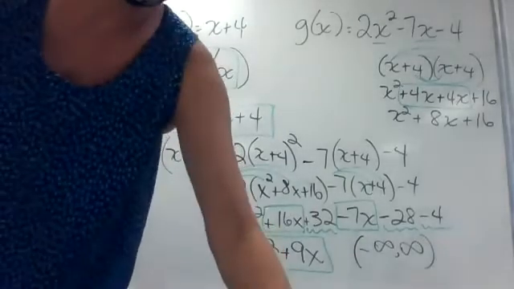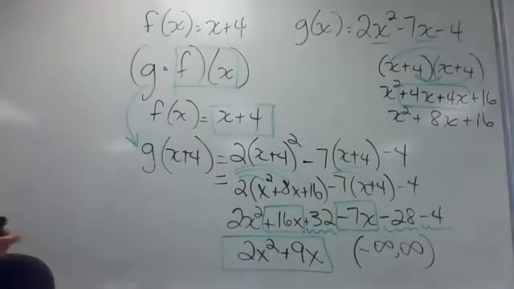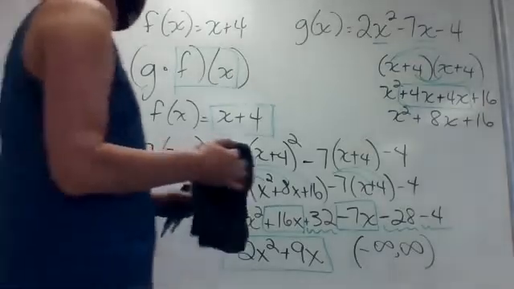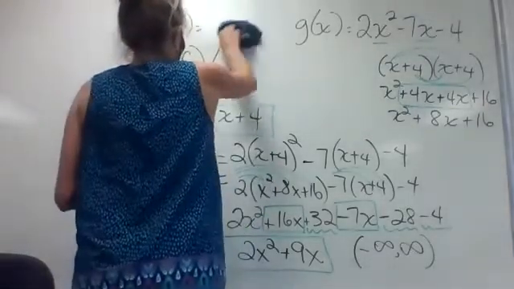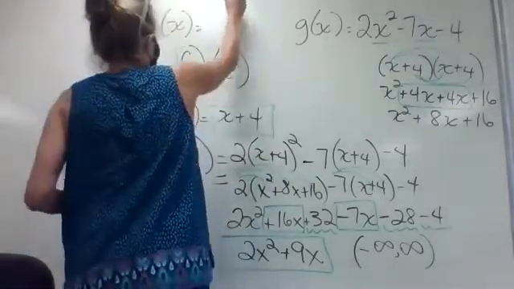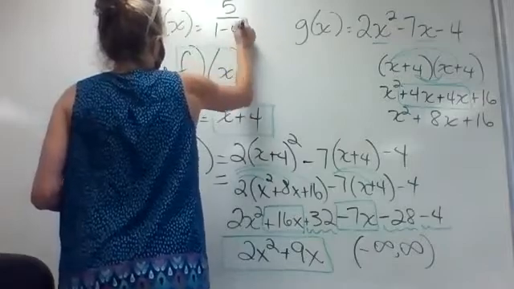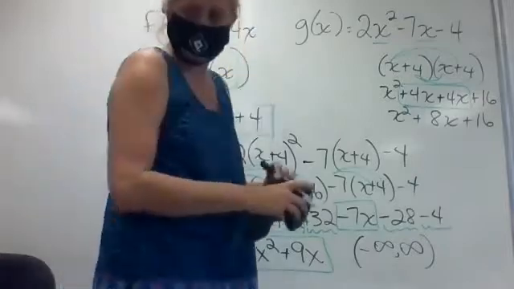Last one. F of x is 5 over 1 minus 4x. And g of x is 1 over x.